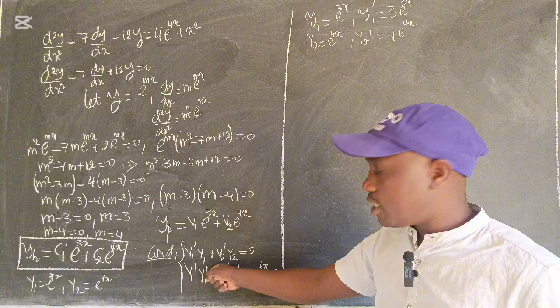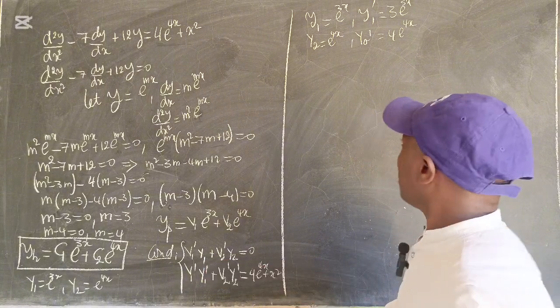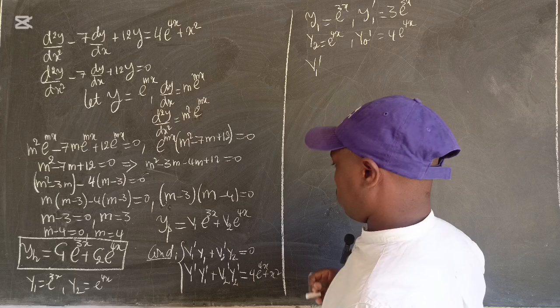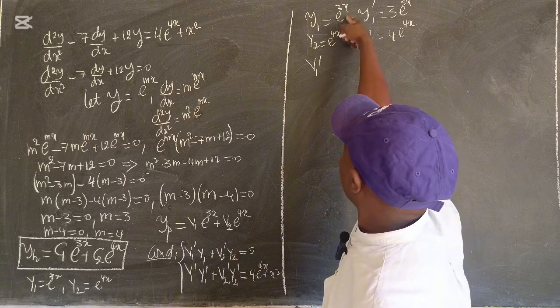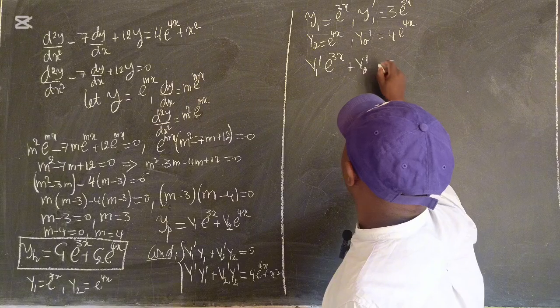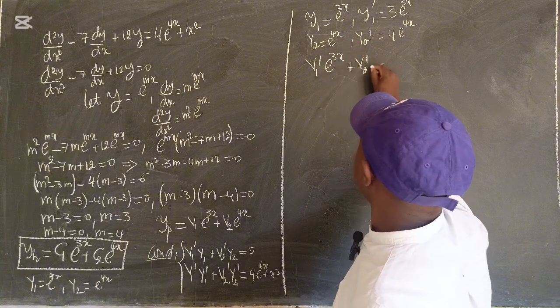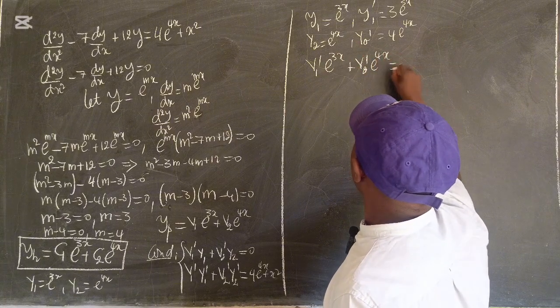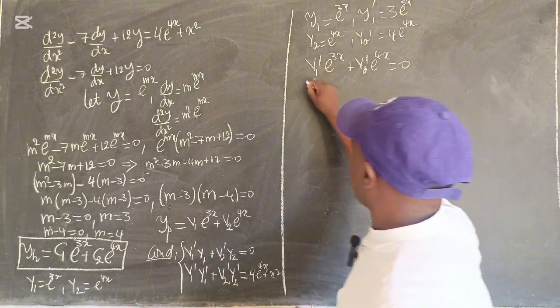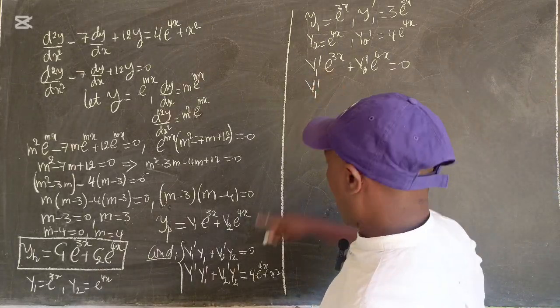Hope you're getting this. Okay, we have v1 prime times y1, which is exponential of 3x, plus v2 prime times y2, which is exponential of 4x. This is 0. Okay, let's write v1 prime times the derivative.